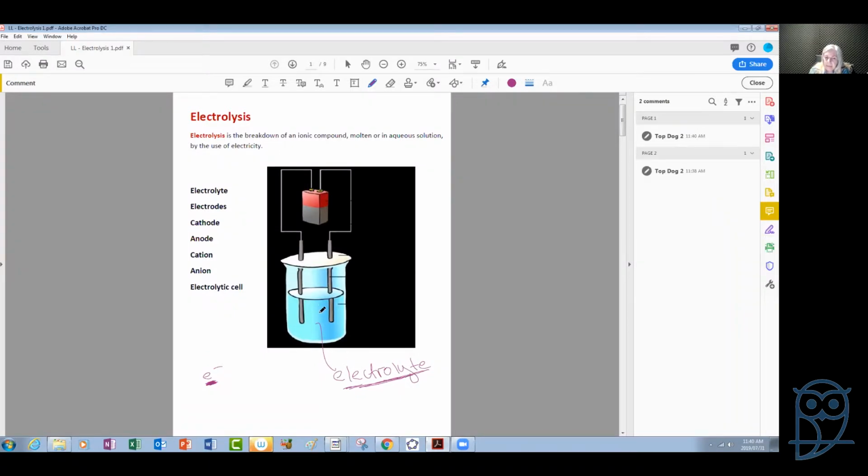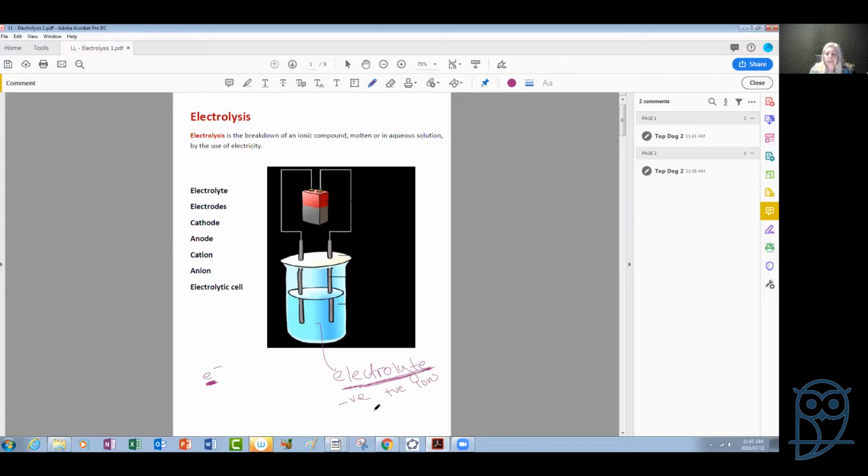And the charged particles that can move inside electrolytes are ions, positive ions and negative ions. Because they are free to move within the liquid, this liquid can conduct, and we call it an electrolyte in particular. So electrolytes are conductive liquids.